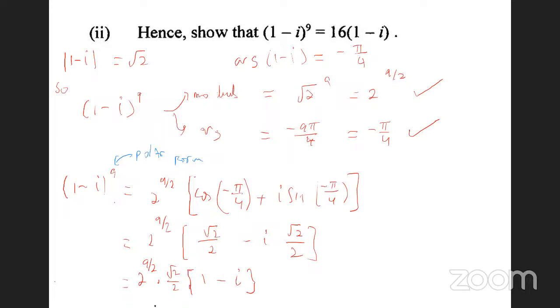All we have to do is multiply out the outside. When you multiply root 2 on 2 by 2 to the 9 on 2, you will end up with 2 to the power of 4, I think. Yeah, 2 to the 4, by 1 minus i. And that's it there: 16 by 1 minus i.